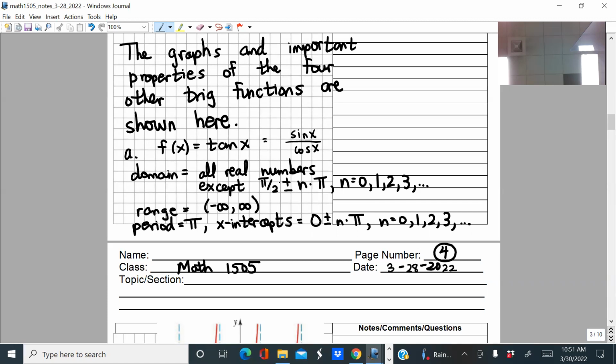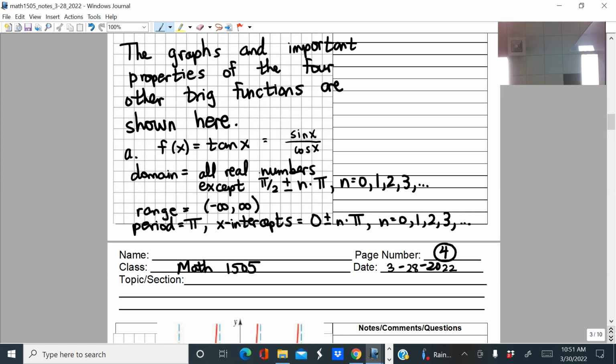And then every pi units after that, cosine is also 0. So if you take pi over 2 and add or subtract any multiple of pi, so if you go any multiple of pi to the left or to the right, you also get cosine of 0. So those numbers cannot be in the domain of the tangent function, because you'd be dividing by 0.